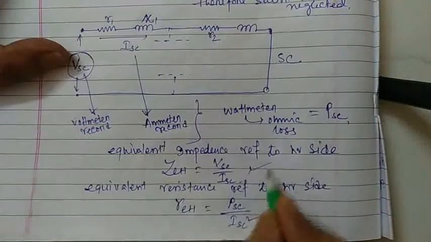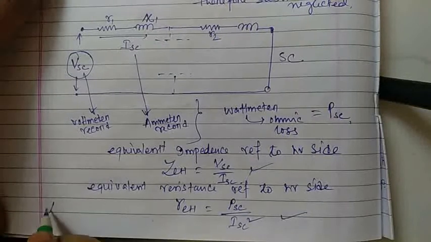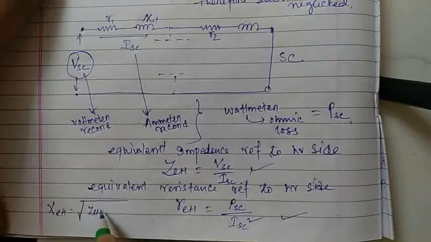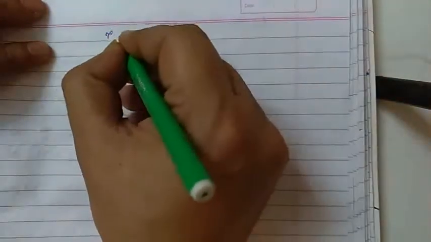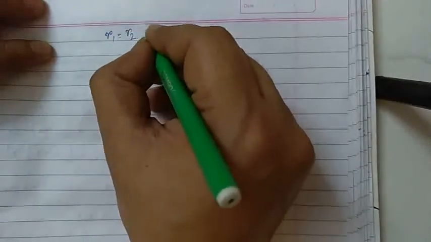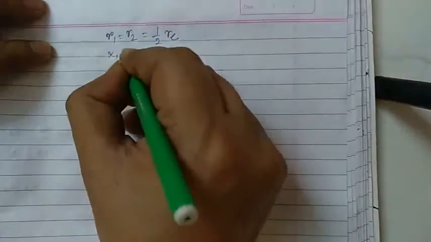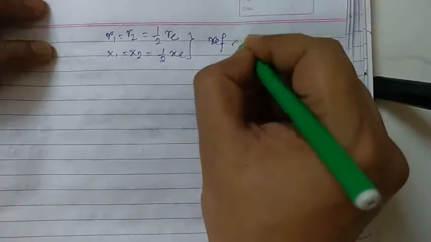From these two values we can write the equivalent reactance referred to HV side as XEH equals root over of ZEH square minus REH square. Now the resistances R1 and R2, primary and secondary side, are each half of RE, and the reactances X1 and X2 are each half of XE, referred to the same side.